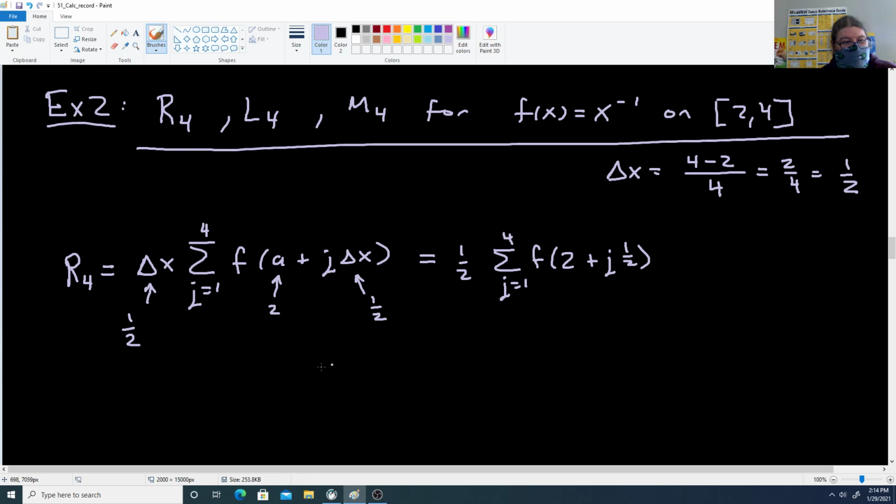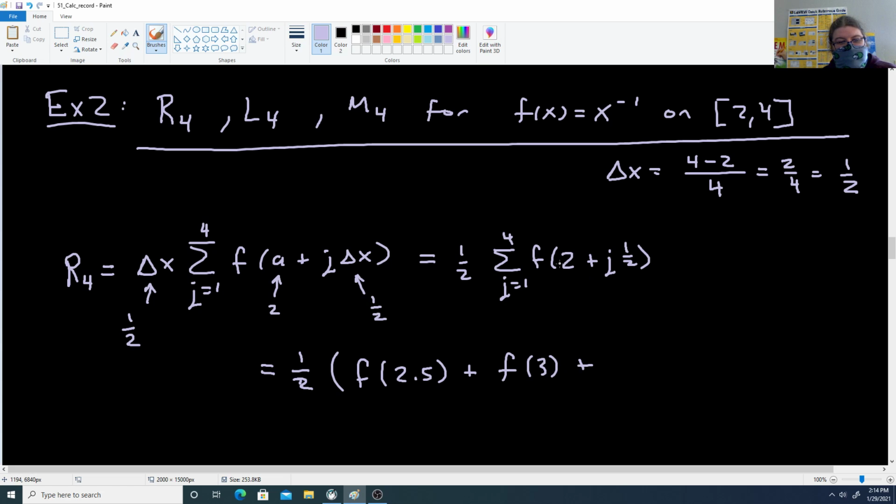So this will equal 1/2, and I'm going to start evaluating the series at this point. So we get f of, okay, when j is 1, this will be 2 plus 1/2, which is 2.5. Plus, then when j is 2, this is 2 plus 2 times 1/2. 2 times 1/2 is 1, so this is 2 plus 1, so that'll be f of 3.